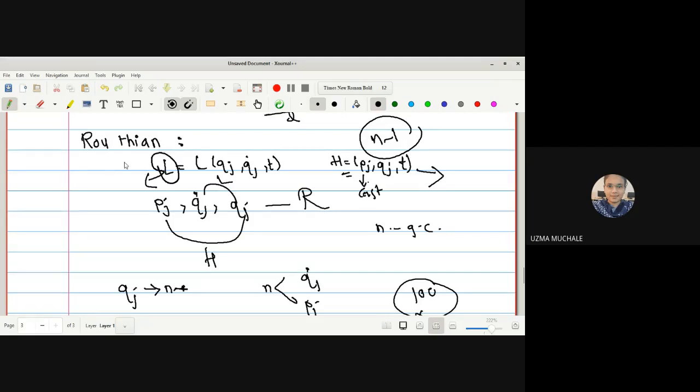But now there is no need to use H as well as L. We'll use the Routhian directly. How we'll use it, I will show you in the next lecture.